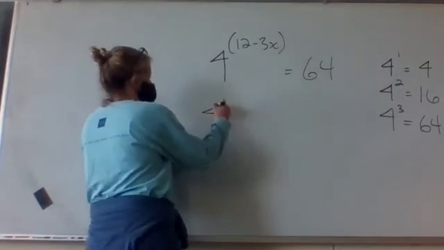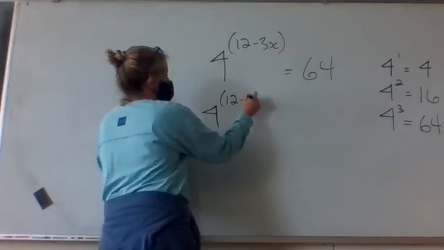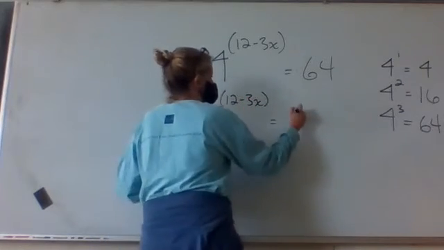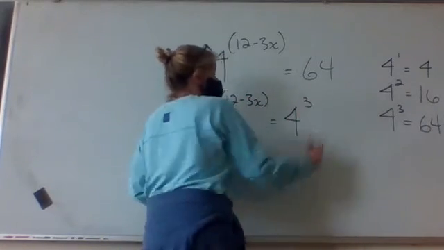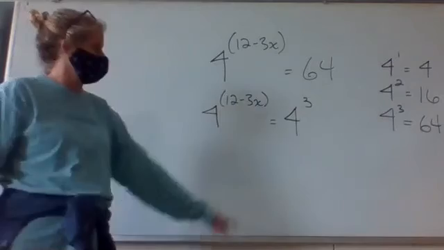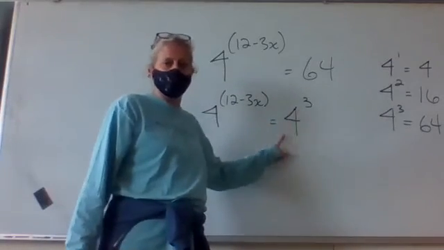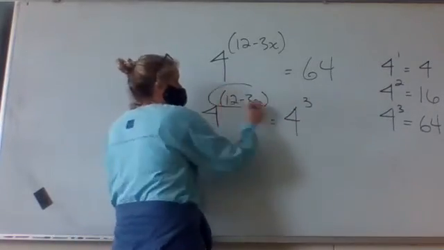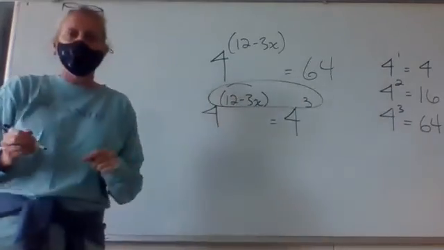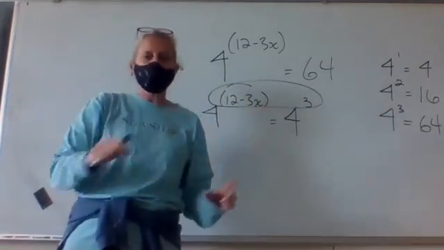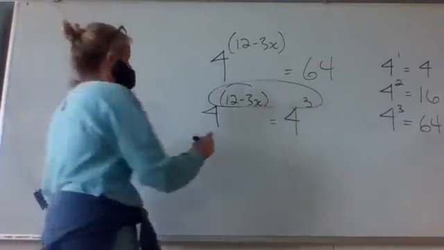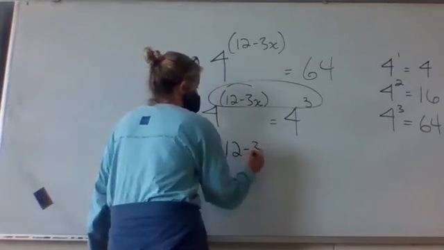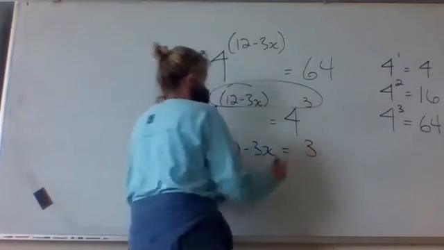I'm going to have 4 to the 12 minus 3x equals 4 to the third, right? Because this is the same exact thing as saying 64. If you can rewrite your bases the same, then you can solve it by simply putting your exponents equal to each other. So I have 12 minus 3x equals 3.